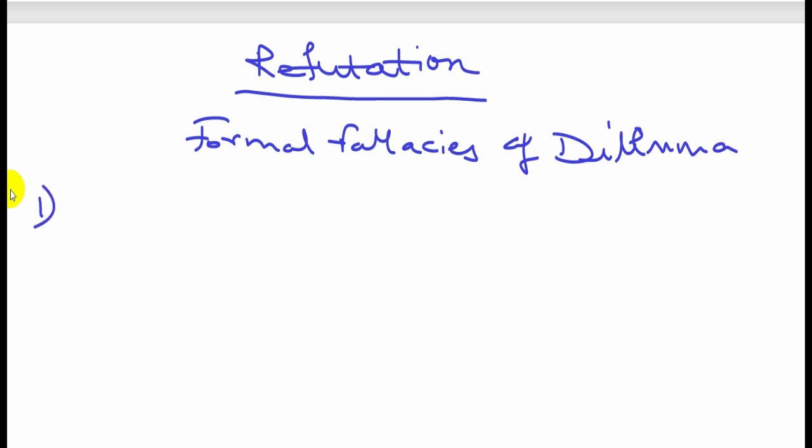The fallacy of affirming the consequent.